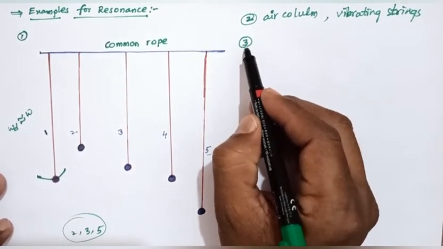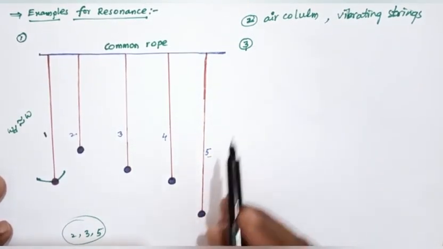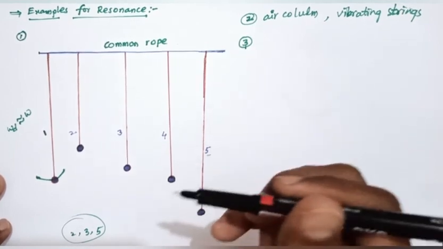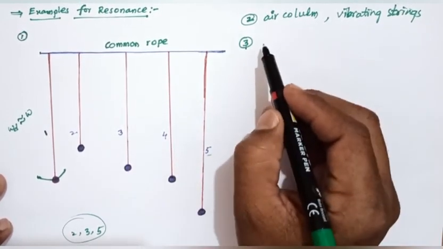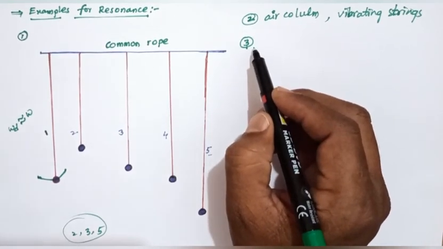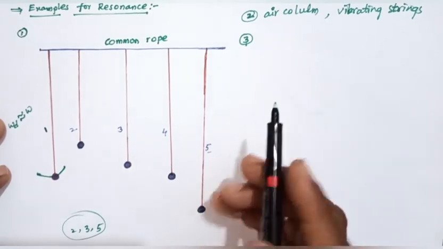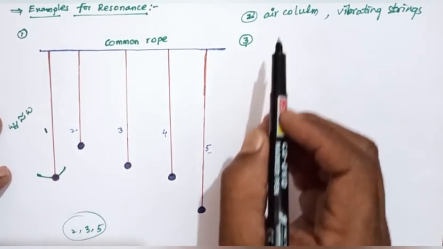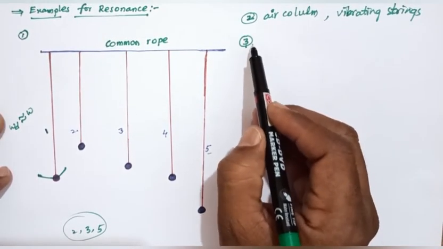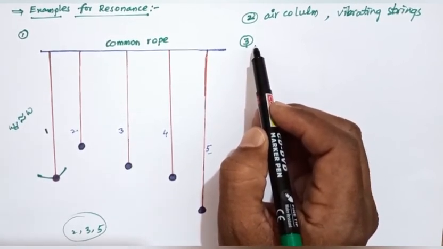In daily life, any object or body has its own natural frequency. For a small particle, like a small grass particle, the frequency is very low, like 0.1 hertz.